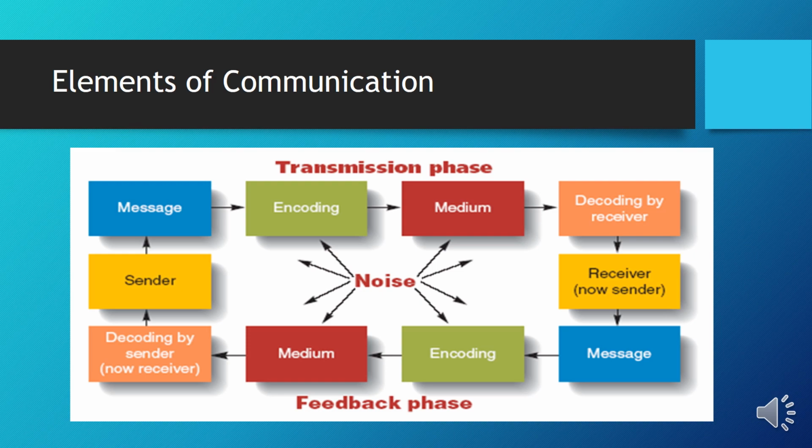Okay? Decoding, on the other hand, is the opposite. Decoding is the way the receiver decodes the message or the meaning that he is trying to receive. So before the receiver can completely understand the message, he first absorbs it. He first analyzes the message itself.